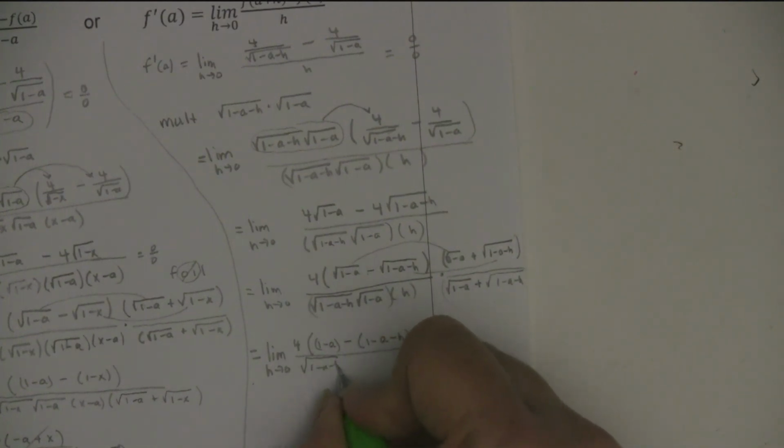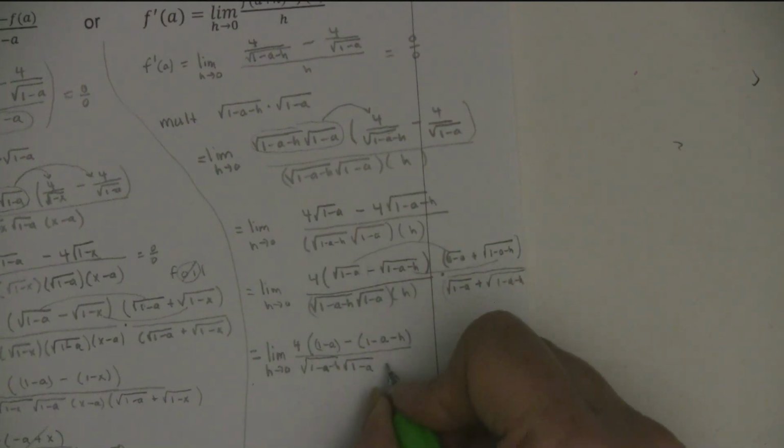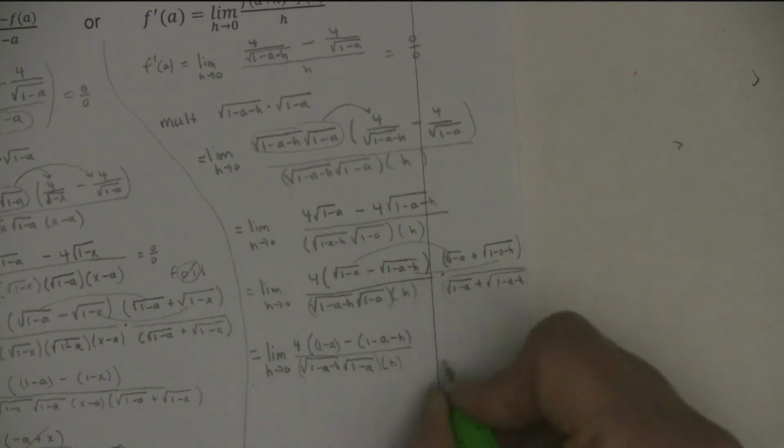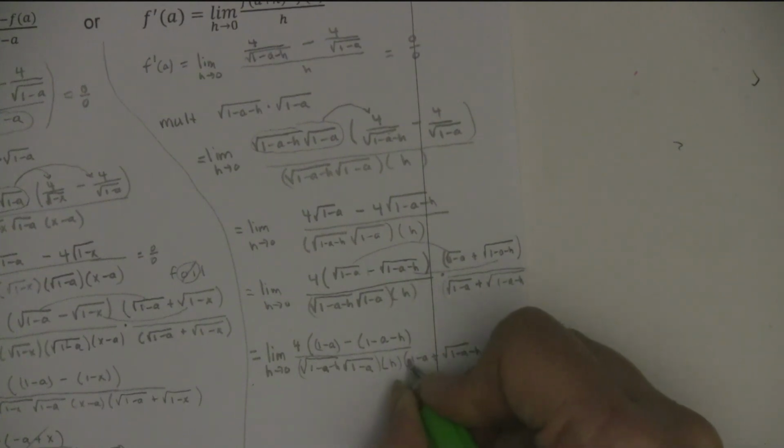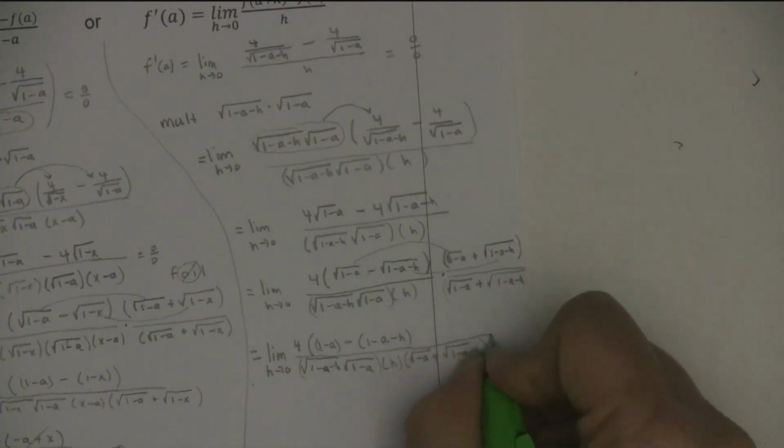Before I was trying to cancel a binomial, but now I'm trying to cancel, that's an a, and that's an h. Now I'm trying to cancel h. It's a lot to write.